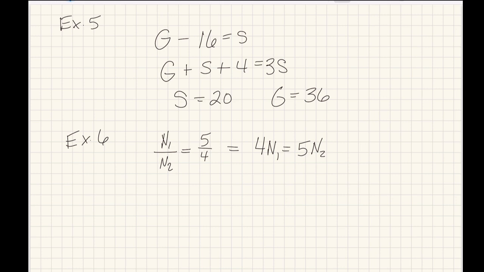Then we also know that the sum of those numbers is 63. So n1 plus n2 equals 63. All right, so when we solve this out, we get that n1 is 35 and n2 is 28. So use either elimination or substitution to find your answers.